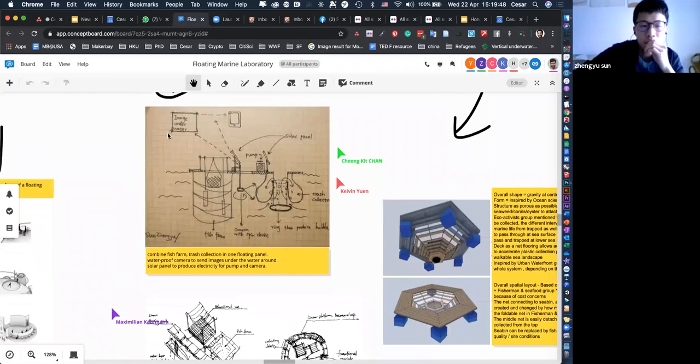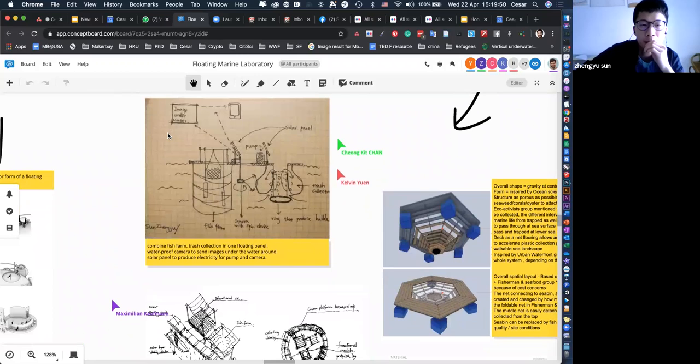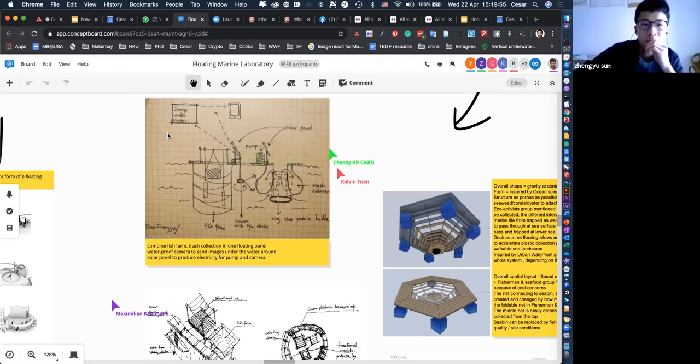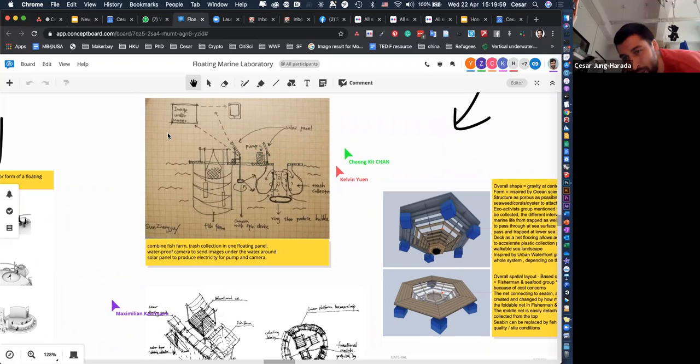And the source of electricity is provided by the solar panel. But I'm not sure if that is enough for operating the camera. For the camera, probably would be okay.